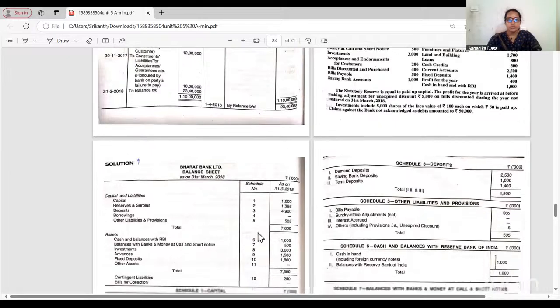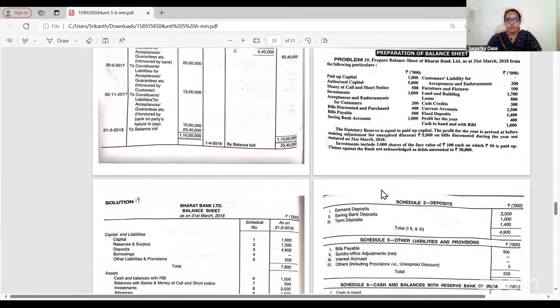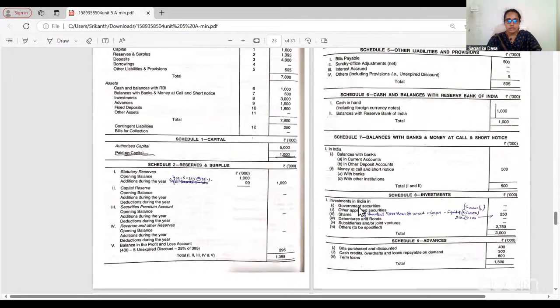Now schedule 2 is your reserves and surplus. Reserves and surplus includes the opening balance of reserves and current year profit. Profit for the year is mentioned as 400. Additions during the year: 400 minus 5, that is 395, at a rate of 25% we have taken.